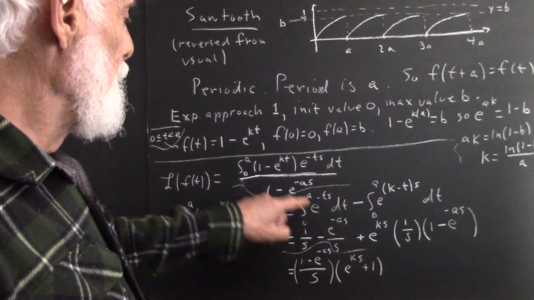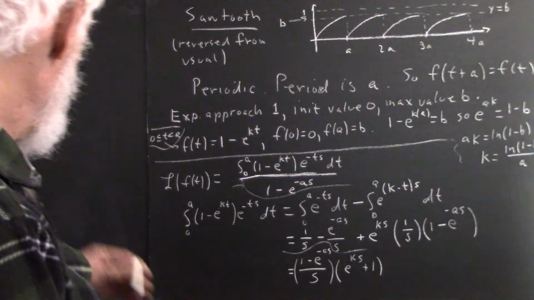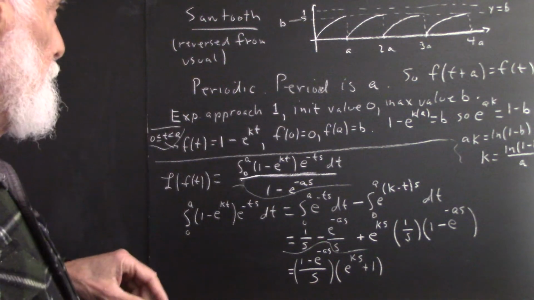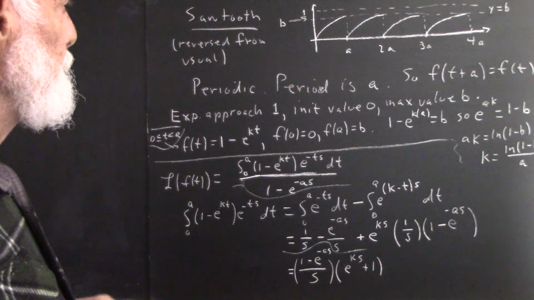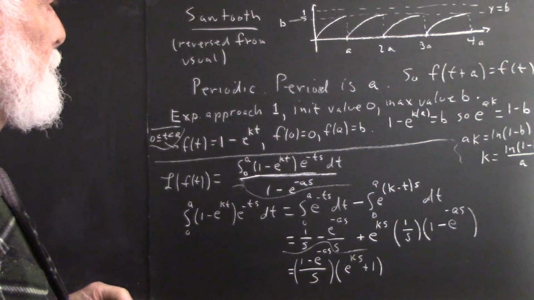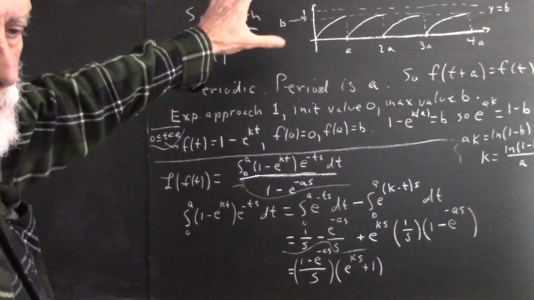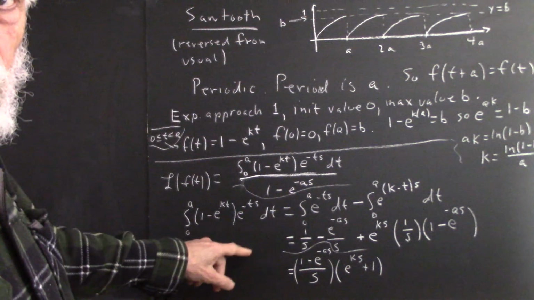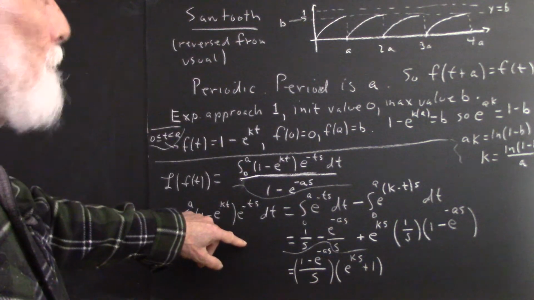The 1 minus e to the negative as, I believe, is going to divide out. And that can be made sense of in terms of the picture and so forth, but no room to write things out, so that's my excuse. I'm not going to do that. But there's another example.